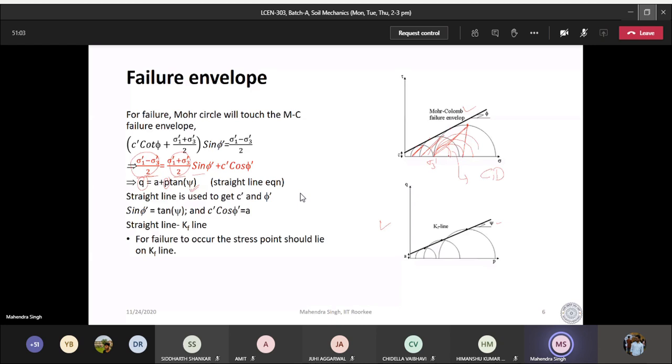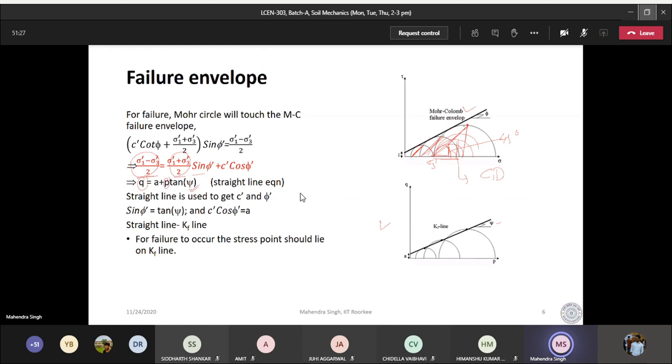Every time you are joining the top point of the circle. So the y coordinate is radius, and this is also radius. And when you go to this point, this height is radius equal to radius. This is also radius. So this angle is going to be 45 degrees. So these are stress paths of different circles.